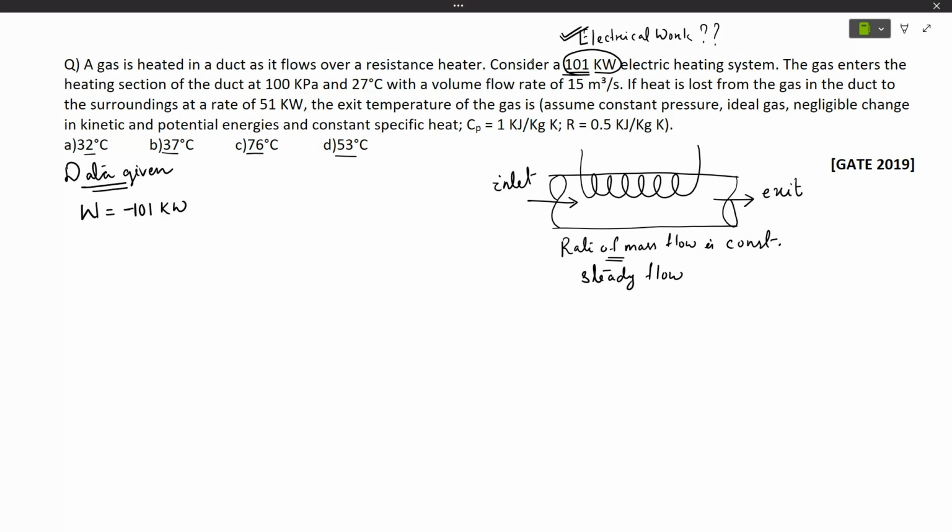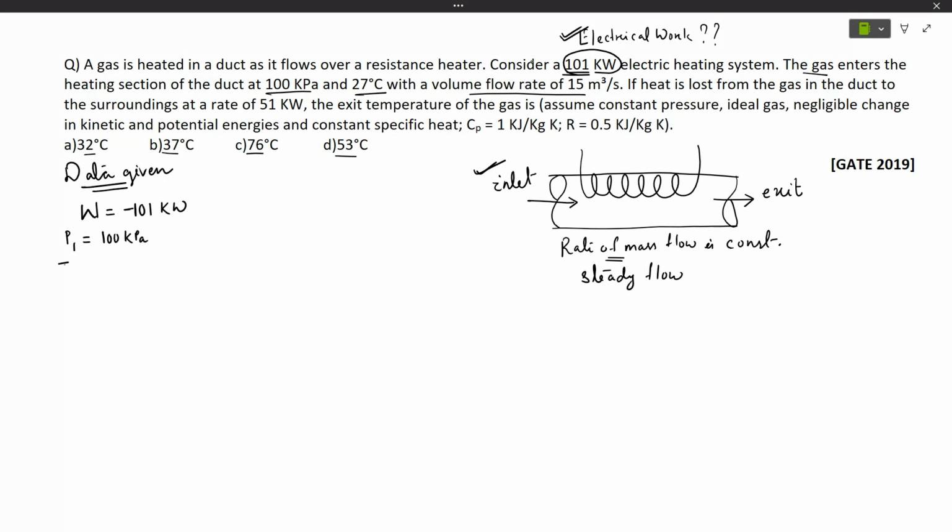Next data we see here: the gas enters the heating section of the duct at 100 kilopascal, 27 degrees Celsius and volume flow rate of 15 meter cube per second. These are the properties of the gas at the inlet section. The pressure P1 at the inlet section is equal to 100 kilopascal.